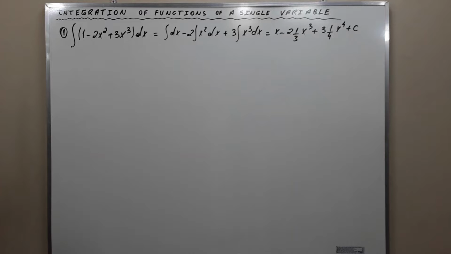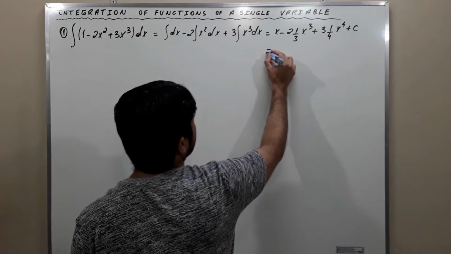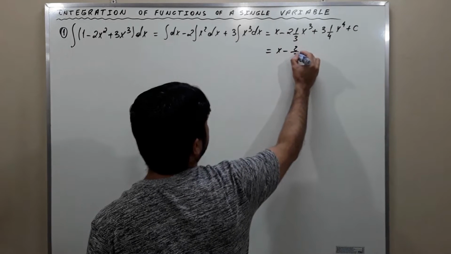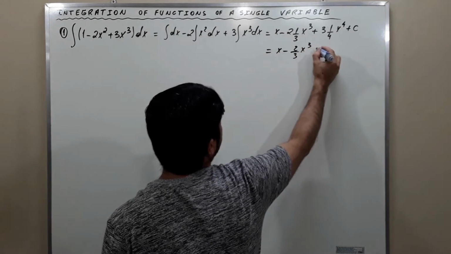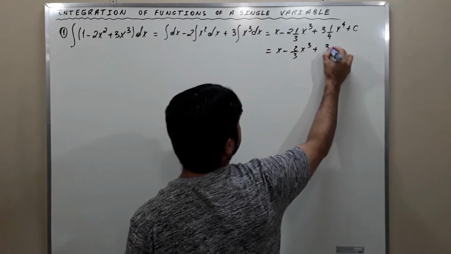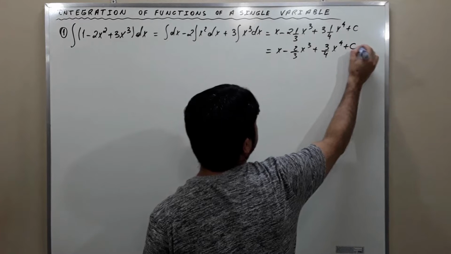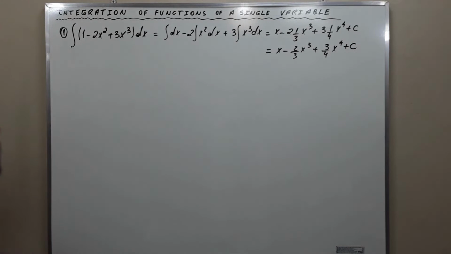We can simplify it further to find that the result is x minus 2/3 of x cubed plus 3/4 of x to the 4th plus c. Alright? This is the result of exercise 1. Let's go now to exercise 2.